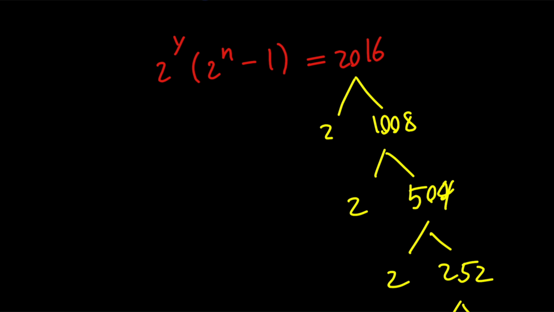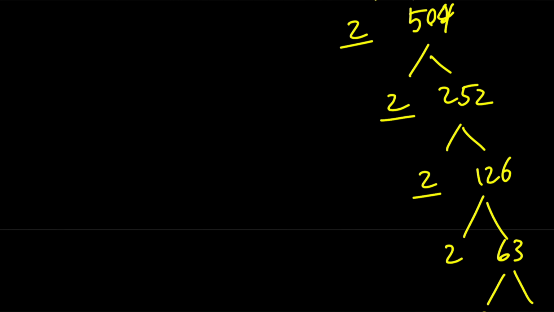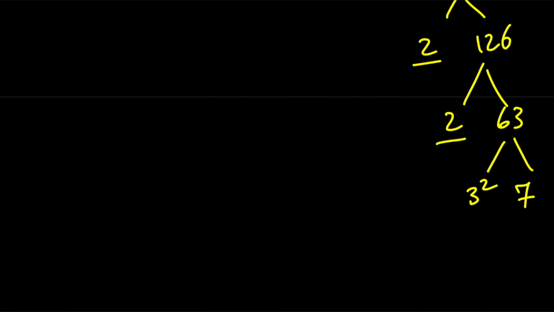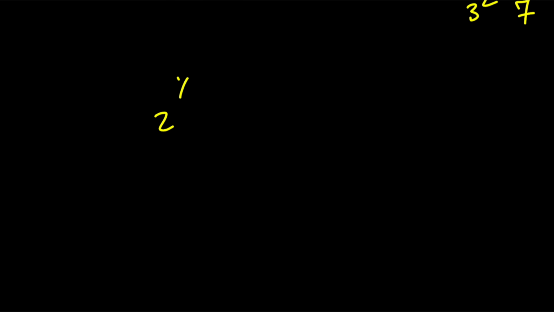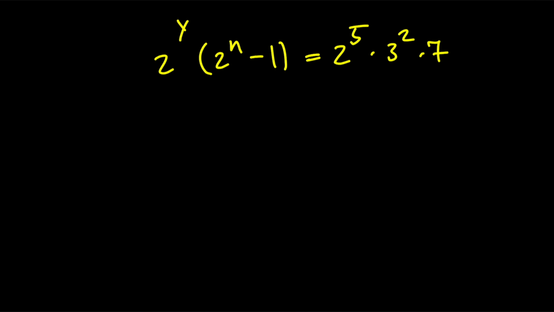So 2016 is equal to 2 to the power of 5 times 3 squared times 7. So basically we have 2 to the power of y times 2 to the power of n minus 1 equals 2 to the power of 5 times 3 squared times 7. And we want to solve for y and n.